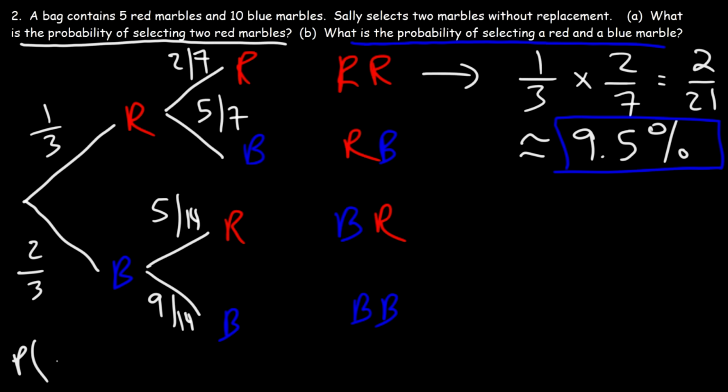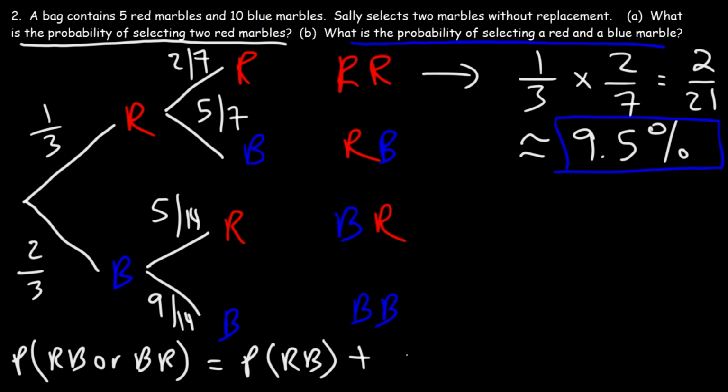So the probability of getting RB or BR is going to be the sum of the probabilities of those two events. So let's write P(RB), the probability of getting R and then B, plus the probability of getting B and then R.